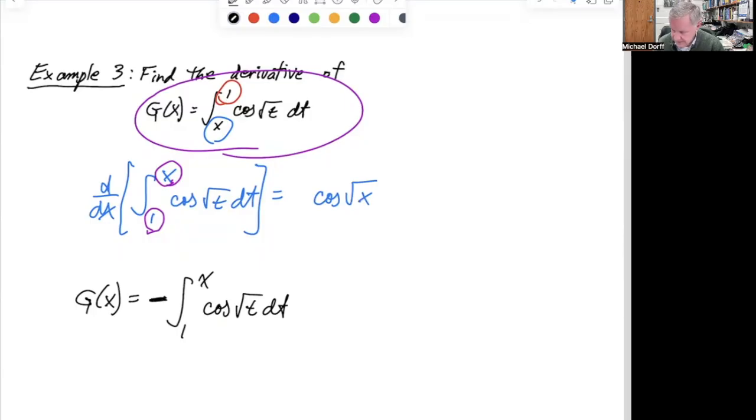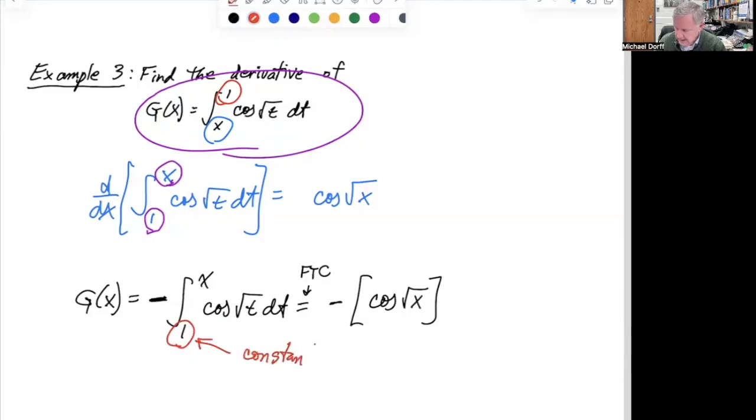Because of that, we use the fundamental theorem of calculus on this part and we get negative cosine of the square root of x. Again, I have a constant in the lower limit and my variable x in the upper limit, so I just replace the t's with x's.